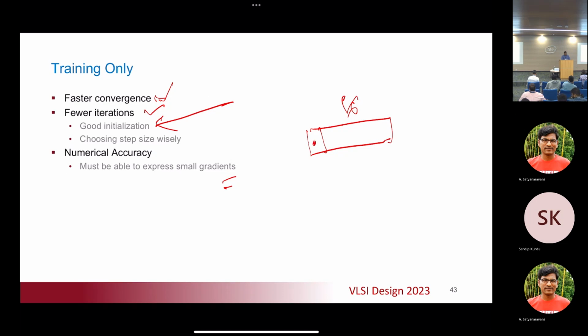One bit is used for sign, 8 bits are used for exponent, and 7 bits are used for mantissa. Whereas if you use the IEEE 16-bit floating point number, it will have a 5-bit exponent and a 10-bit mantissa.